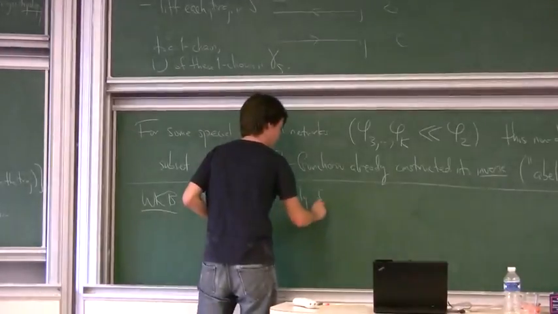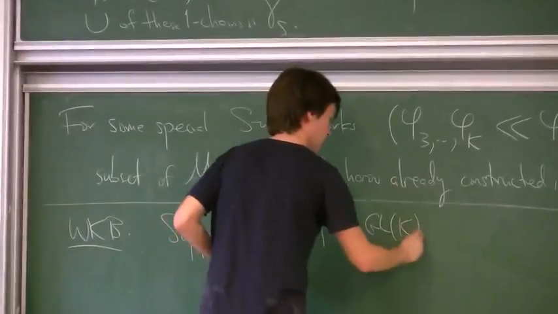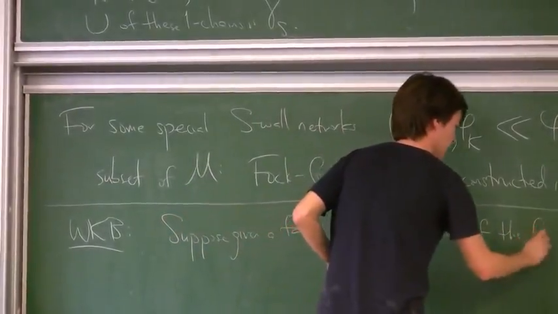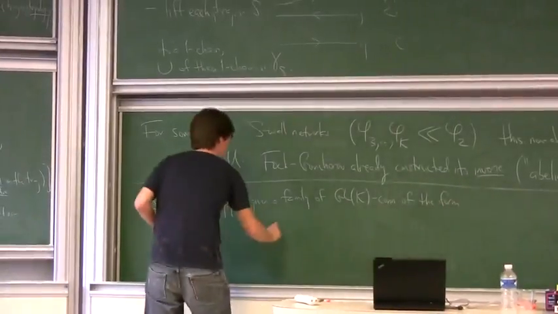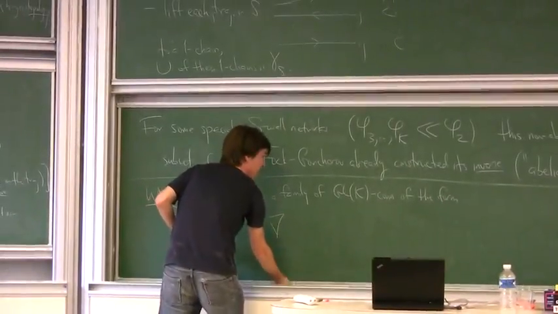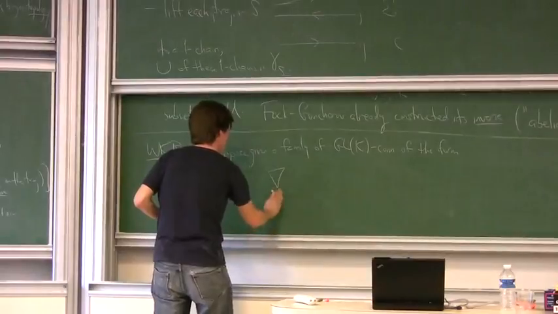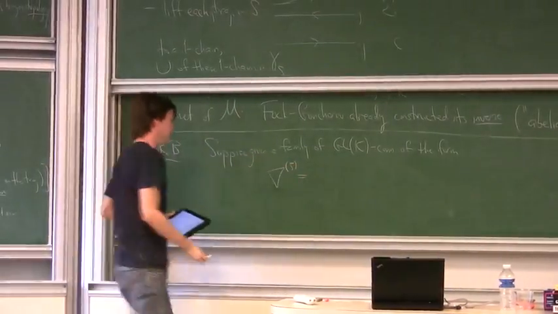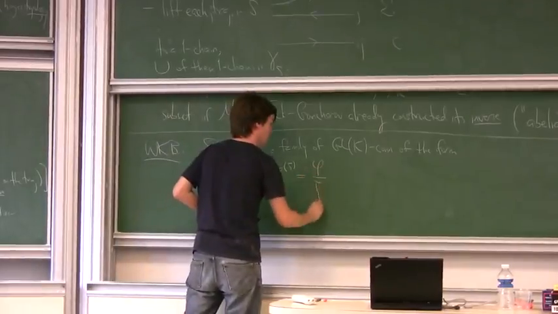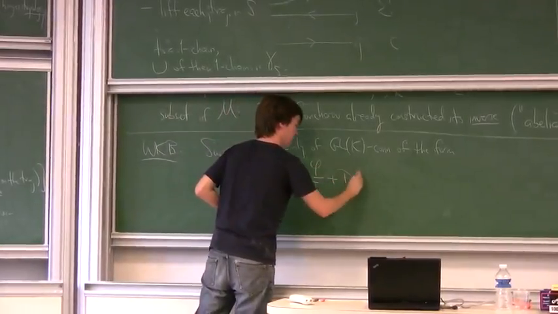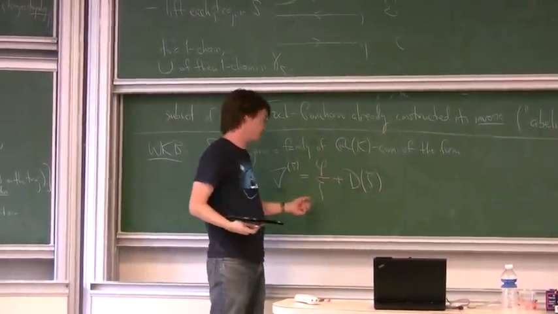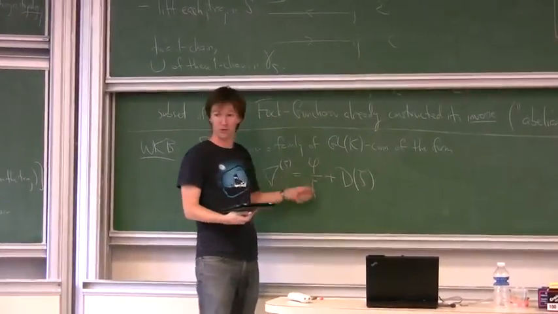So suppose we're given a family of GLK connections, and the family is of the form, so the connection will be called nabla zeta, it depends on a parameter, zeta. Just of this form. So I have the family of connections that has a first order pole, and I've isolated the pole and am writing it like this.